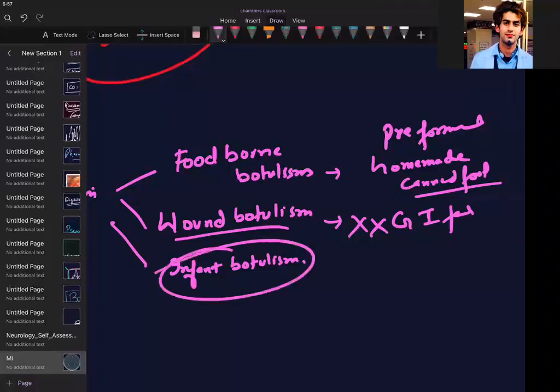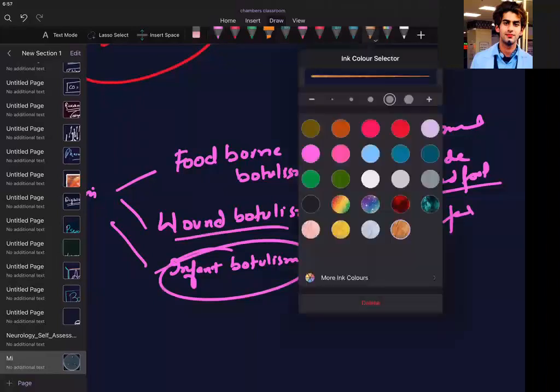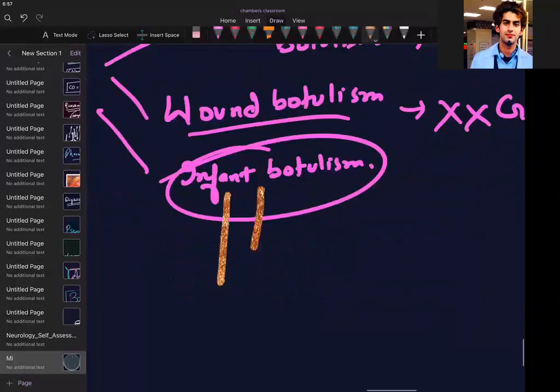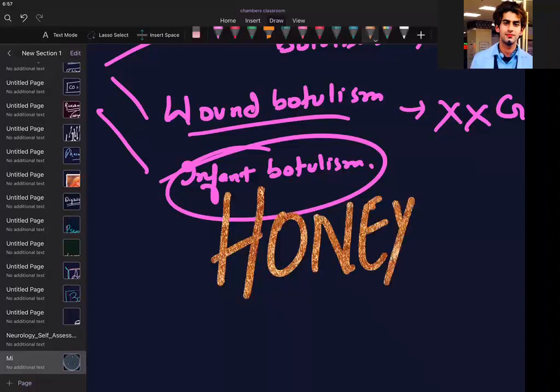Infant botulism. Remember we had that song Honey Honey, isn't it? So remember infant honey. This has been asked so many times in the exam. Which honey, sir? Honey produced by the honeybee.